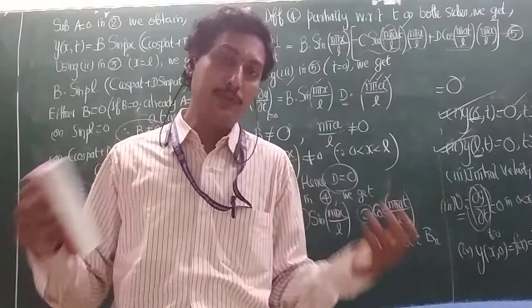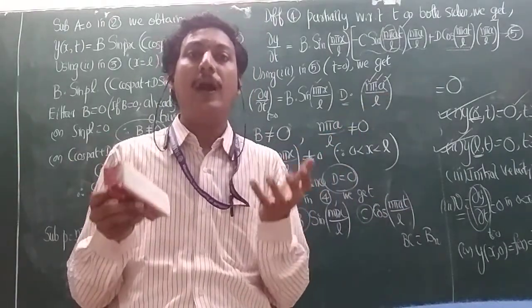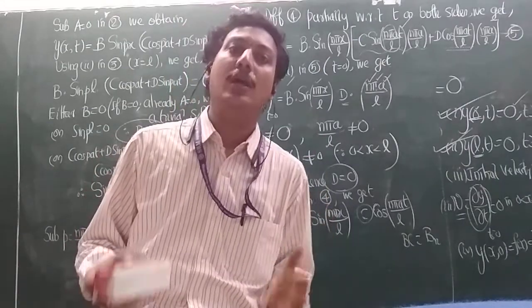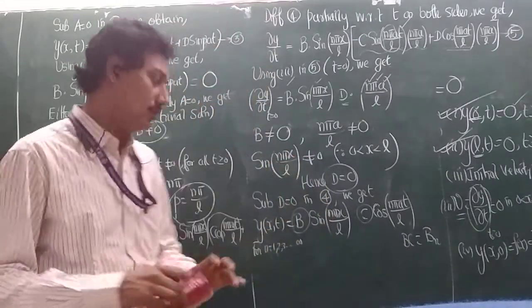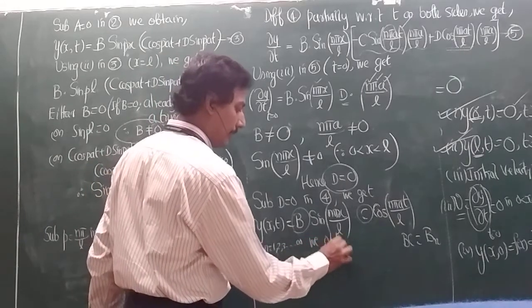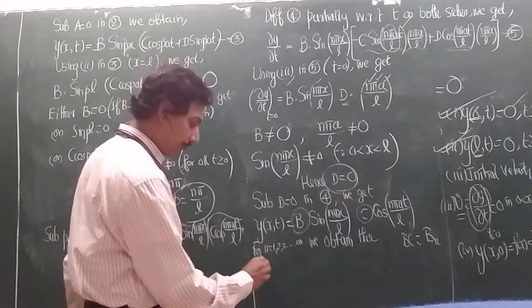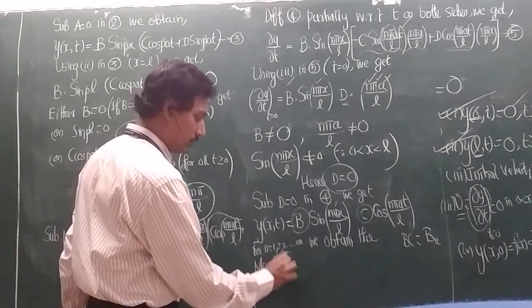Among all possible solutions, let us collect all feasible solutions. Then we get the optimum solution, often called the most general solution. So for n equal to 1, 2, 3 up to infinity, we obtain the most general solution.